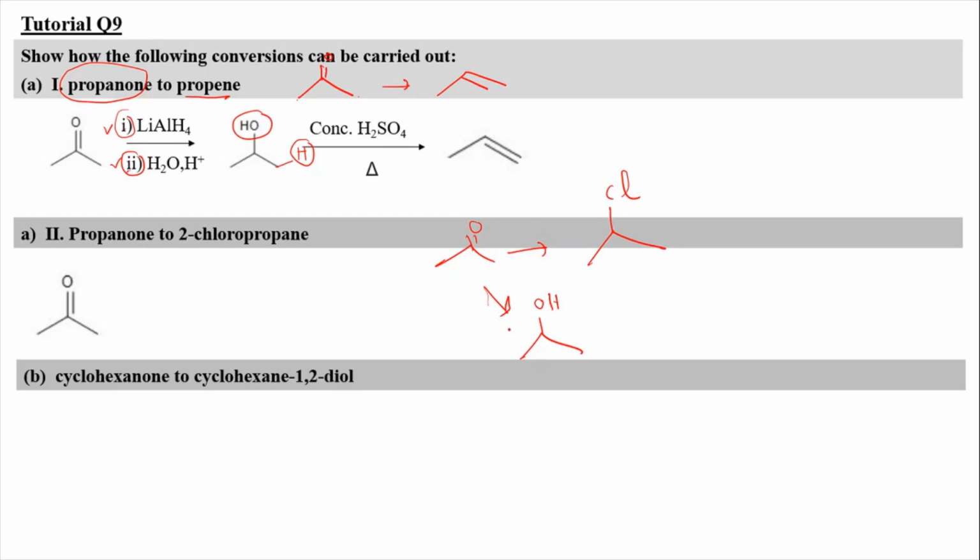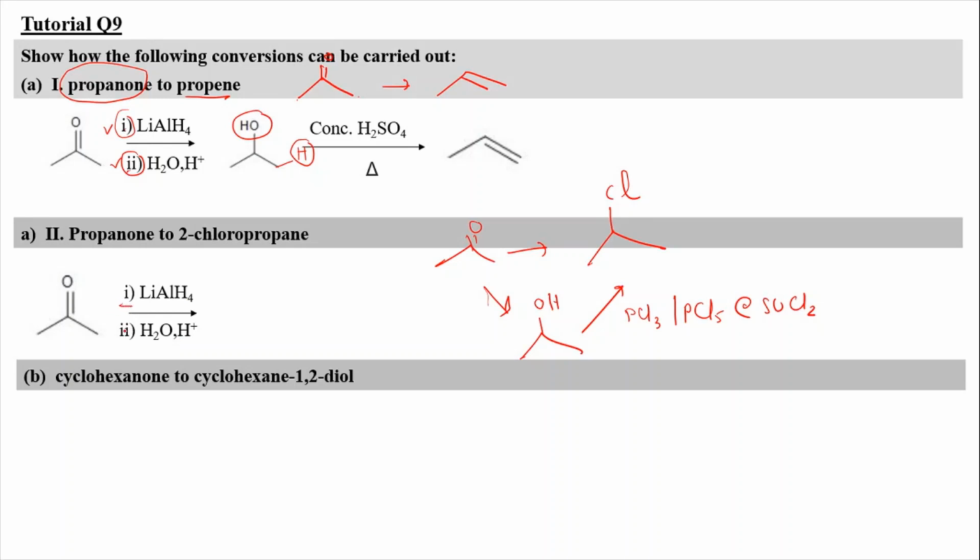So I can make an alcohol first, and then I can do a nucleophilic substitution reaction where I use Cl and remove OH here. So yeah, I can use PCl3 or PCl5 or SOCl2 in order to replace my OH here. Okay, so that's the idea. So my ketone here, I'm going to reduce it again by using lithium aluminum hydride followed by hydrolysis.